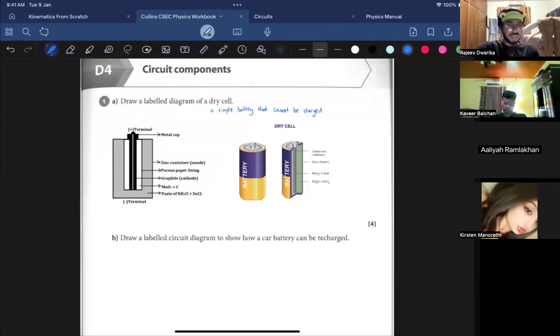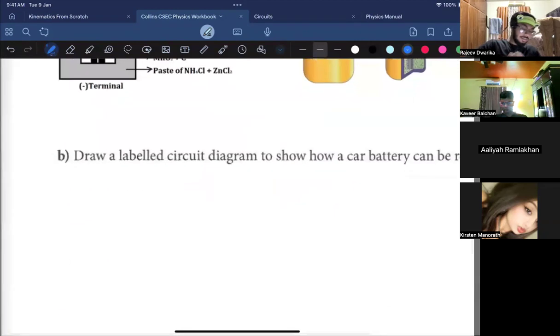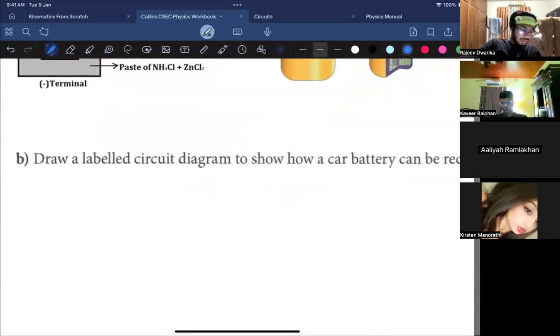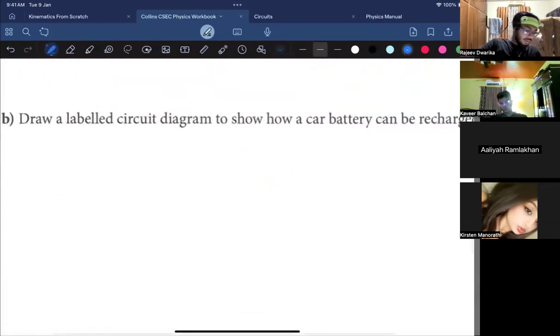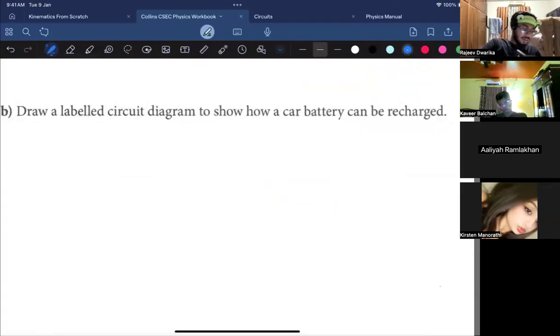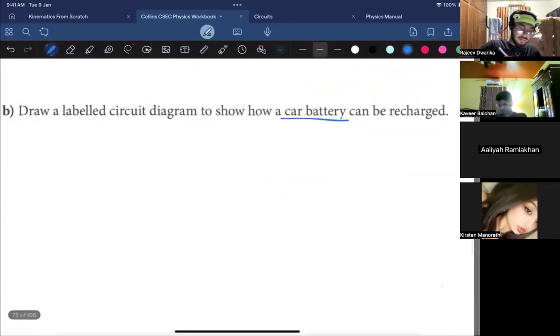And if dry cell batteries cannot be charged, do you think a wet cell battery can be recharged? Yeah, right? So a car battery is an example of a wet cell battery, and that means it can be charged. Let me get a diagram real quick.